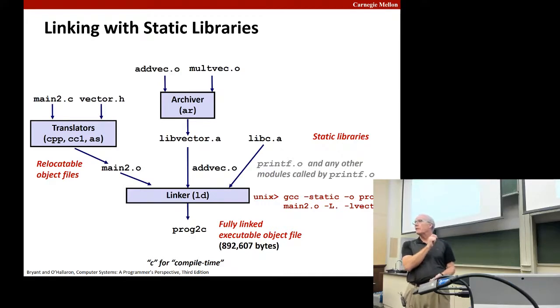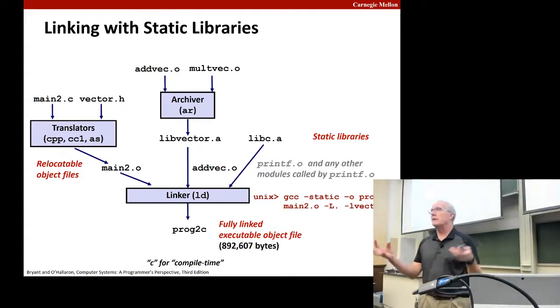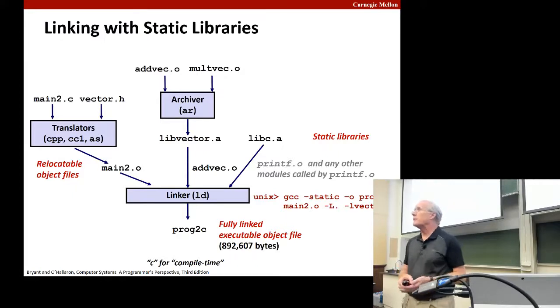So it's saying also look for .a files in my local directory, which is where I happen to have this libvector.a file. So all that obscure notation is there to tell the linker where to pull this stuff together to create the final file. So this is actually a pretty useful thing to know if you ever have to maintain a large library, that you'll end up using these .a files quite a bit.